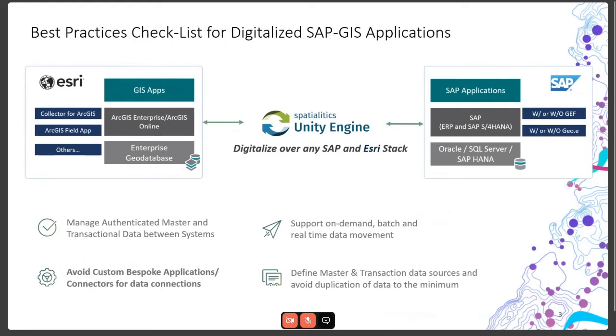On the SAP side, you could be running SAP ECC, and you could also have SAP S4 HANA with geographical enablement framework, or without it. So, as a product which is SAP certified, and as an Esri Gold partner and an SAP Silver partner, the onus is on us to ensure that the product works with any configuration on both SAP and ArcGIS side.